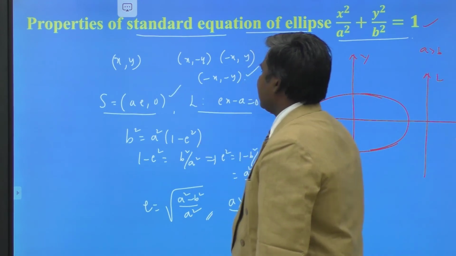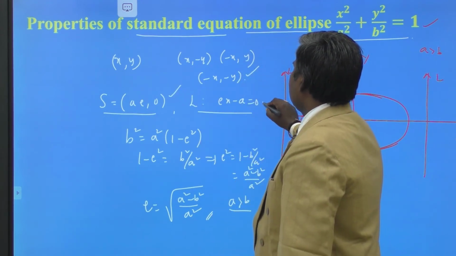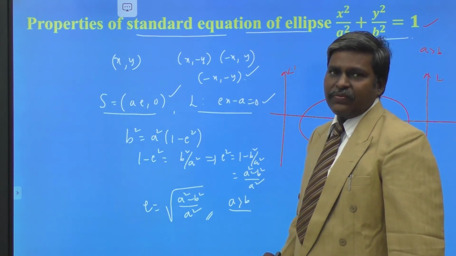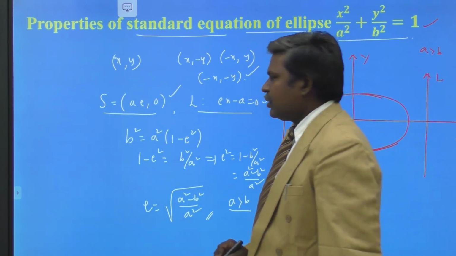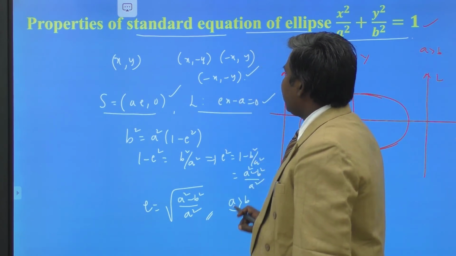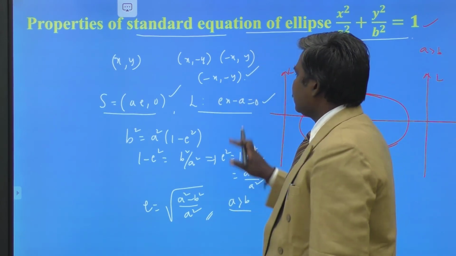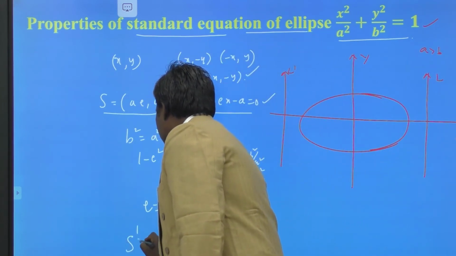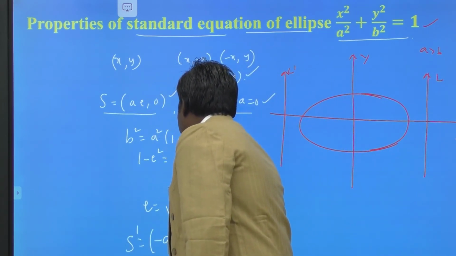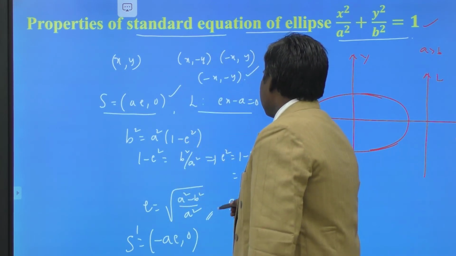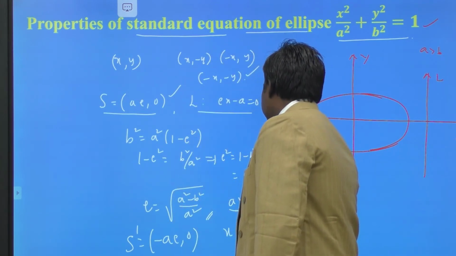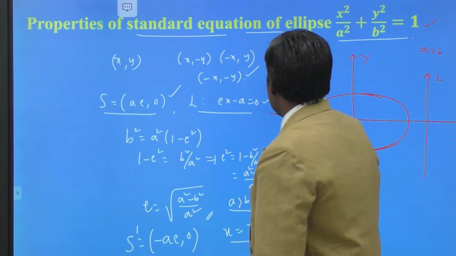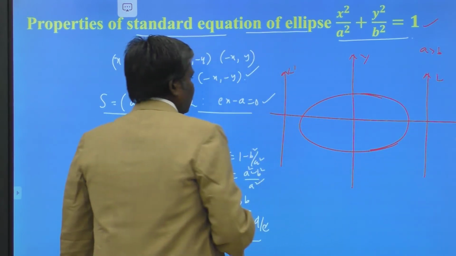Therefore, we have the focus S equal to AE comma 0, and directrix L is EX minus A equal to 0, with eccentricity root of A square minus B square by A square. Now, the curve is symmetric about the y-axis also. Therefore, there exists another focus S dash equal to minus AE comma 0 and directrix x equal to minus A by E, because the curve is symmetric about the y-axis also.